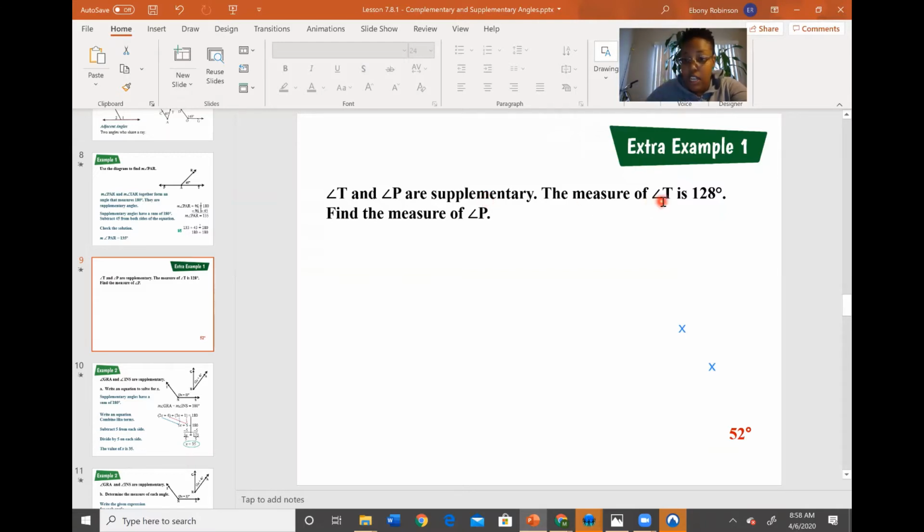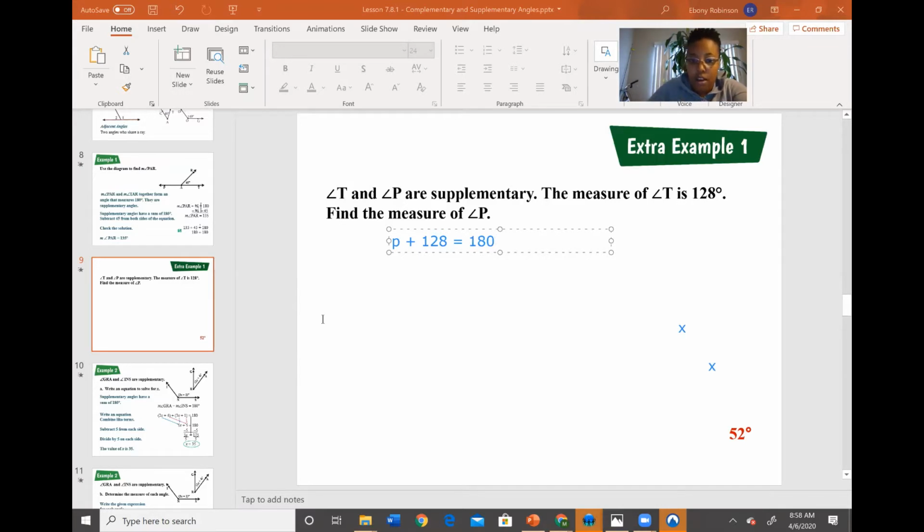The measure of T is 128. Find the measure of P. So I'm going to use the variable P plus 128 equals 180.